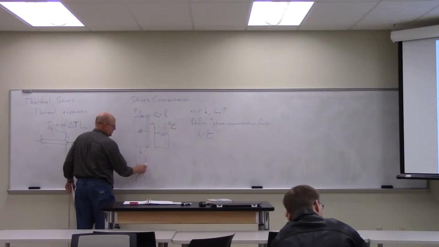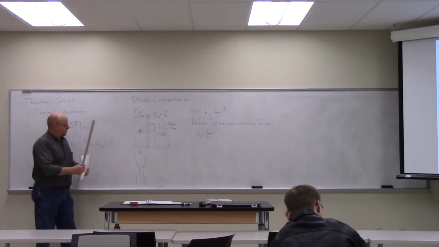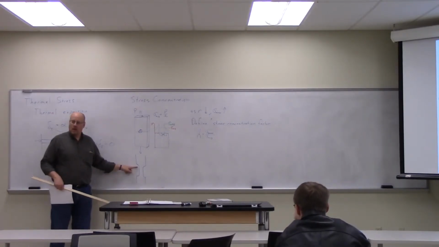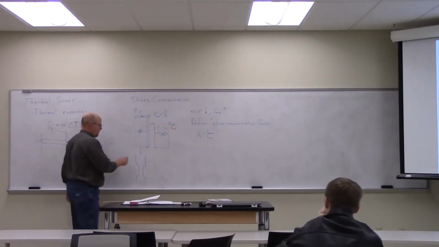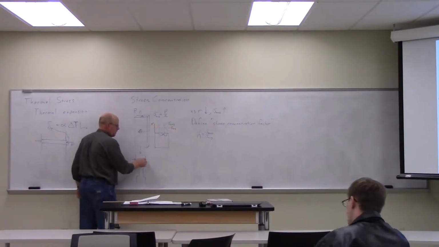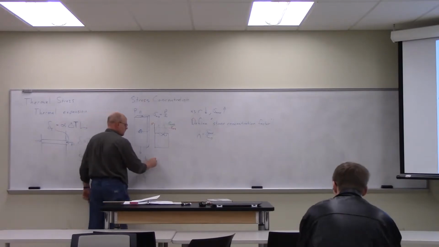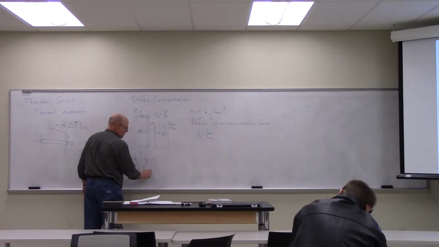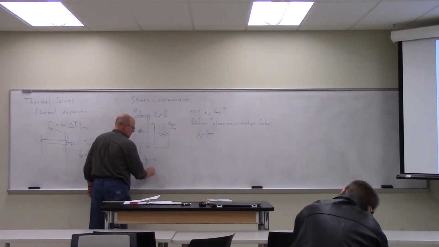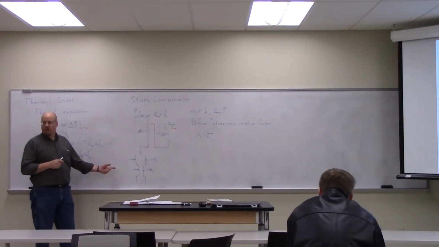So we have these sort of quarter-rounded fillets on the side. And there are several geometrical parameters. There's this dimension here, which is the width of the whole thing, W. Then there's this dimension here, which is H. The section in the center, the narrow section.